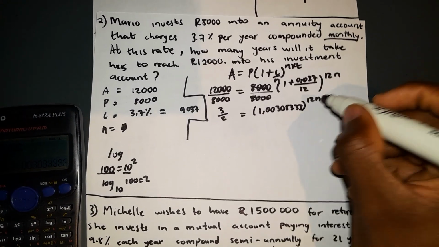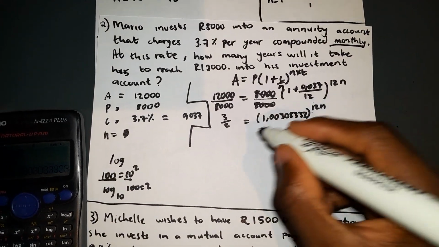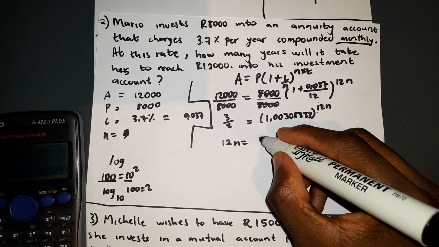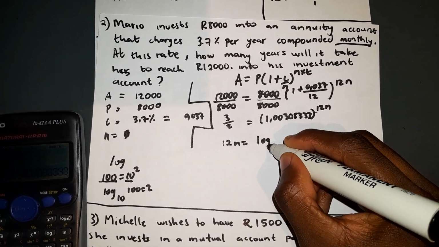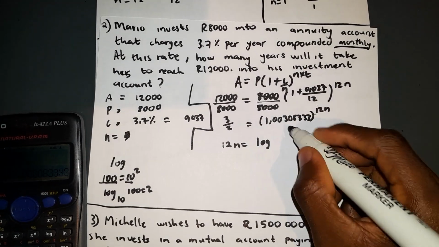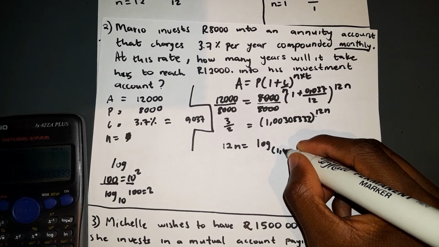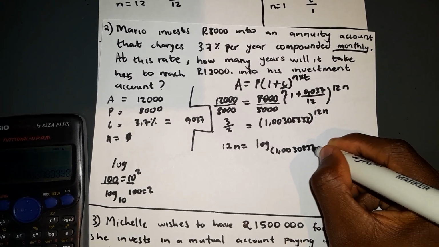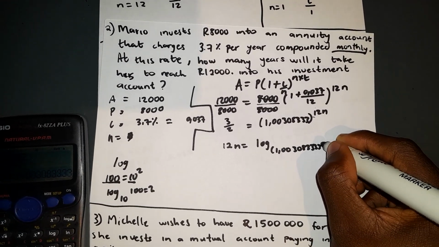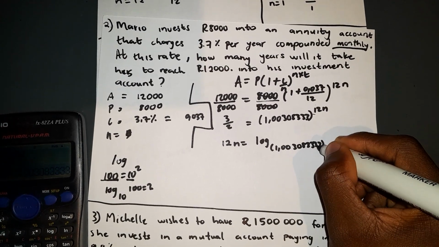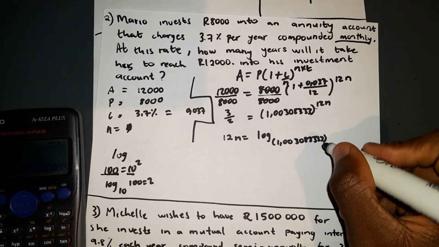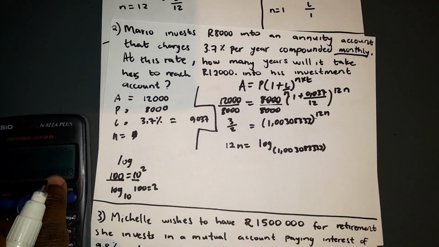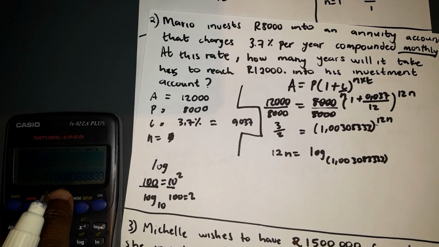So now we can do it in a log format. Under log, we know that this exponent here will be equal to log the base of this, which is the base 1.003083333. I know there are a lot of threes and they are recurring, and I just chose to use this one because I'm going to punch everything in the calculator just as it is.